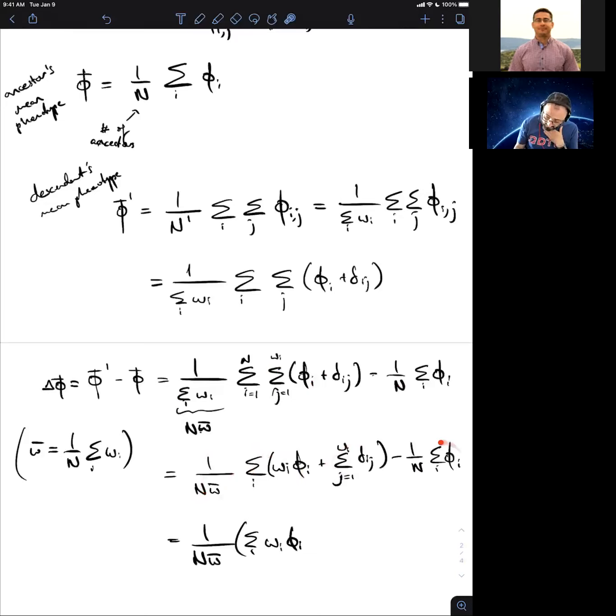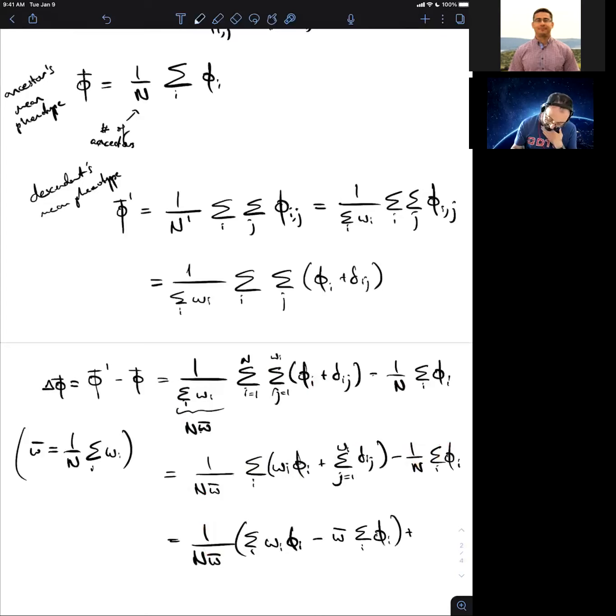Then I also take this part and factor out, but this only has 1 over n in front of it. If I multiply this thing with W bar, then I can factor out 1 over W bar. So in fact, I can write this as minus W bar times phi i.